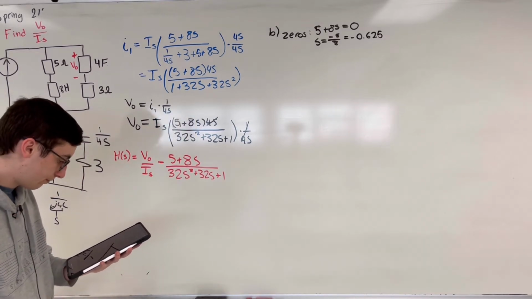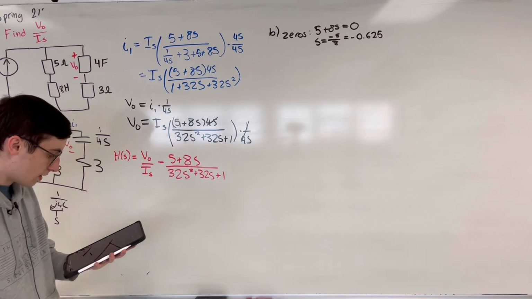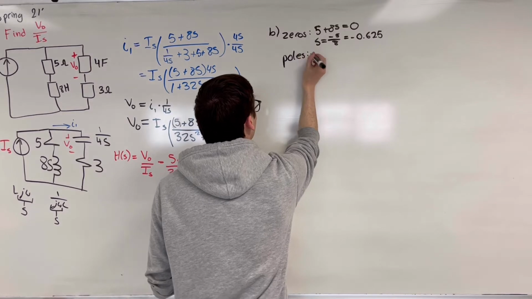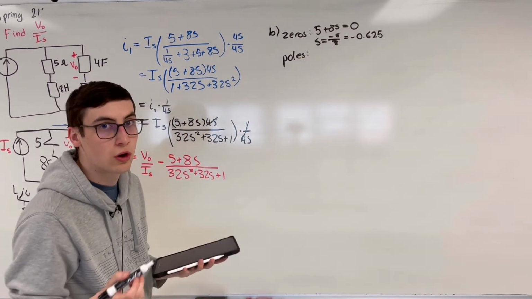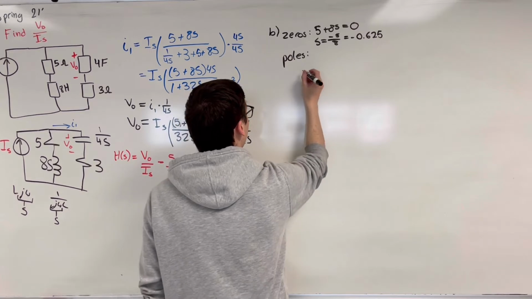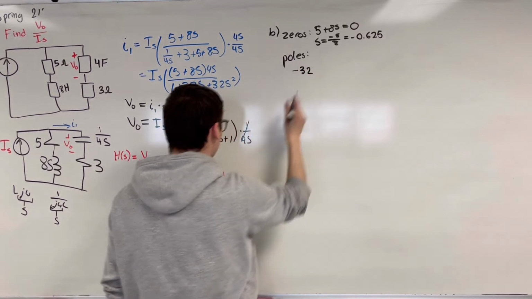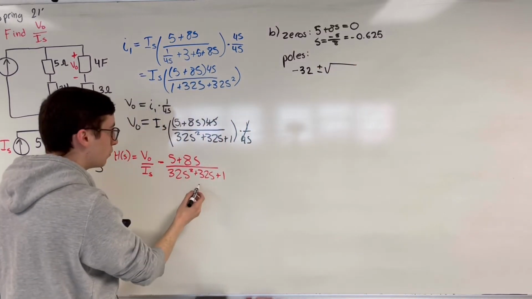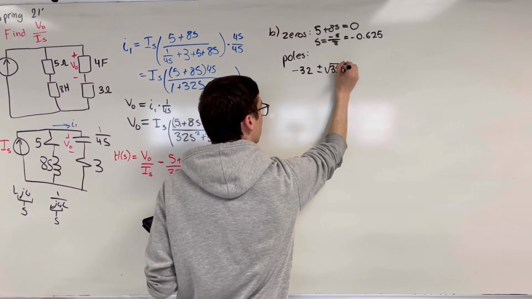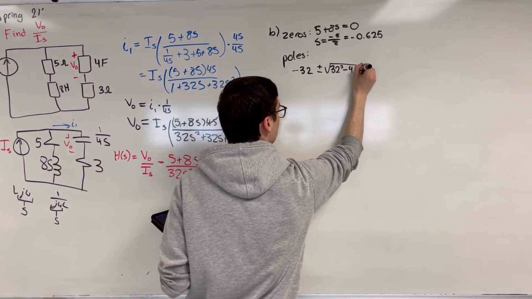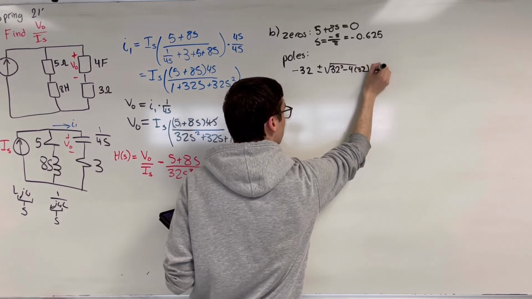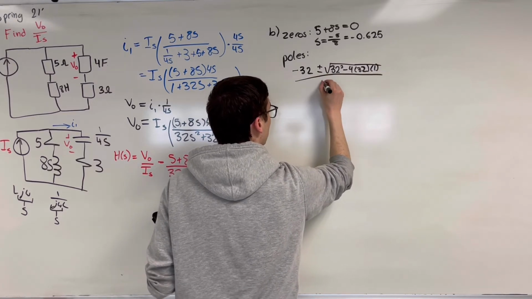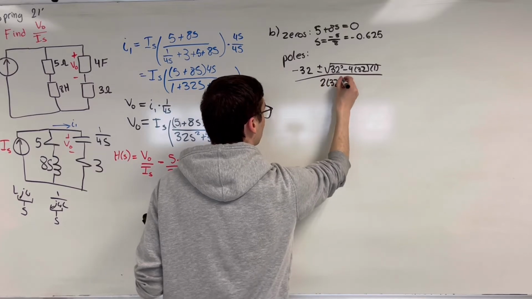Now to solve for the poles, there's probably a few different ways you can do it. The easiest way is just to use the quadratic formula. So we're going to have the opposite of b, which is 32, plus or minus the square root of b squared, so 32 squared, minus 4 times 32 times c, and this is over 2 times 32.